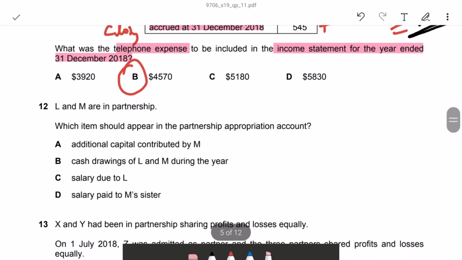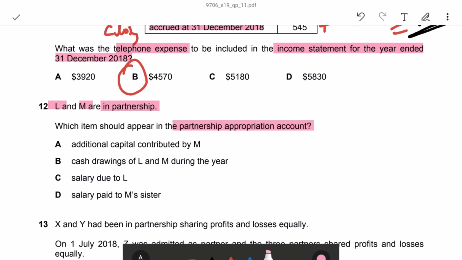Next. L and M are in partnership. They are two partners. Which item should appear in the partnership appropriation account? Partnership appropriation account means all the adjustments: what the business has to give to the partners and what they have to receive from the partners.